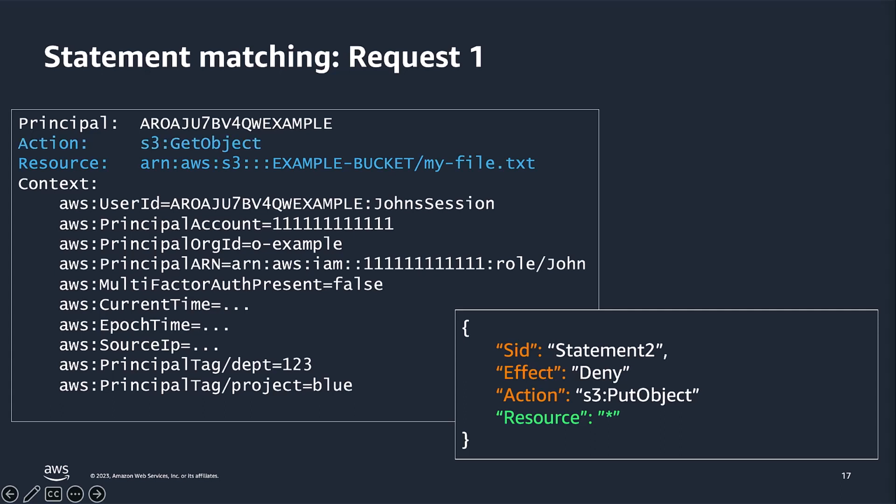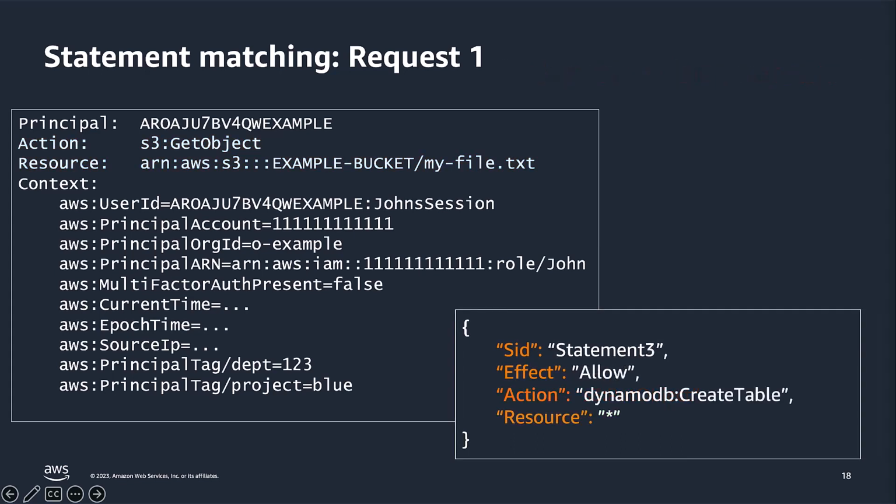We look at the action and the action in the policy. Those don't match, so we say that statement 2 does not match. Let's look at the next statement. Now, statement 3 is interesting because we already have a statement that allows the request, and we only need one matching allow statement for the request to be allowed. So for the purposes of this exercise, we can just skip this statement.